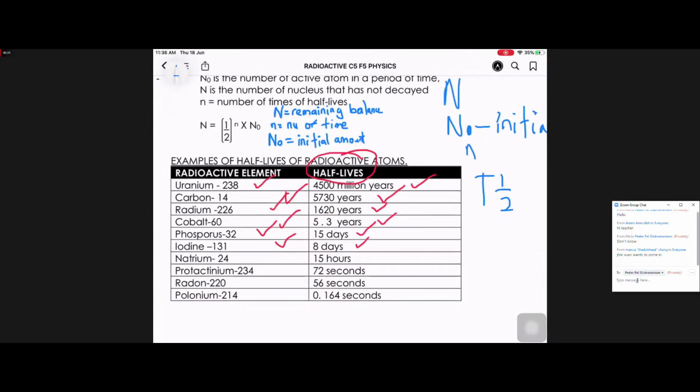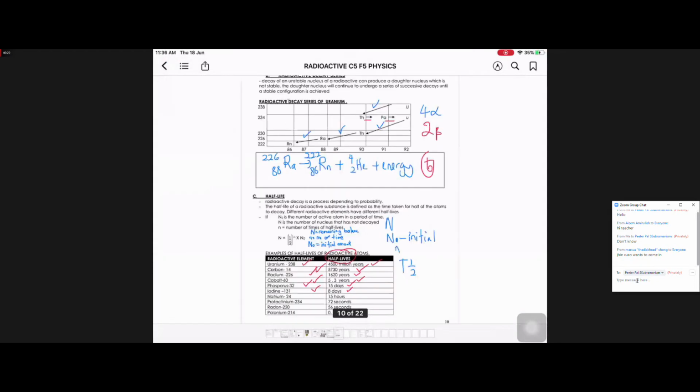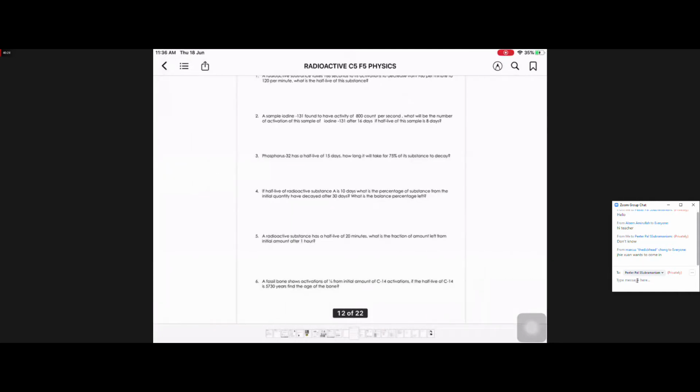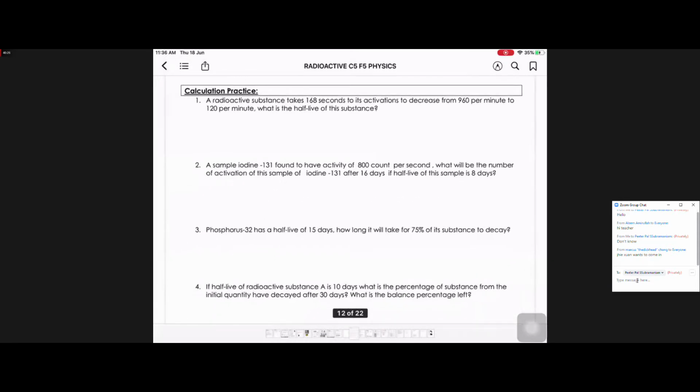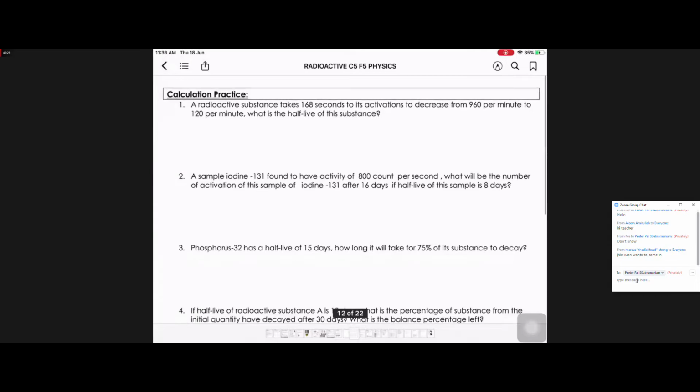Okay, let's try one question, see whether you all understand or not. Number one. A radioactive substance takes 168 seconds for its activity to decrease from 960 per minute to 120 per minute.